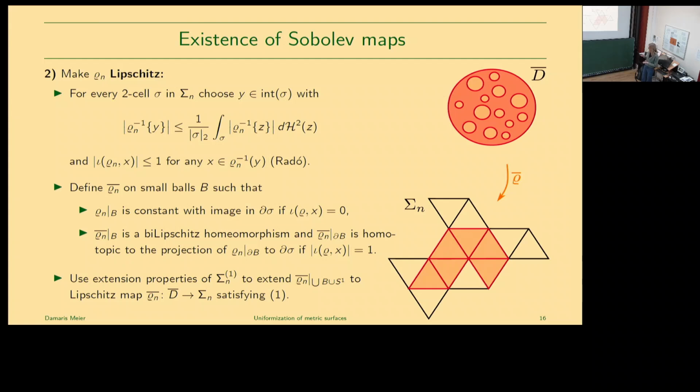Since we chose our point y wisely, we still have that it satisfies inequality 1, so the multiplicity will not be much bigger almost everywhere. Exactly. So far, so good. Do we have any questions?